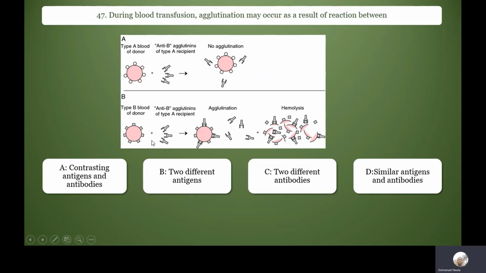So that is agglutination, the clumping of the blood cells as a result of the reaction between contrasting antigens and antibodies. So the correct option here is A.